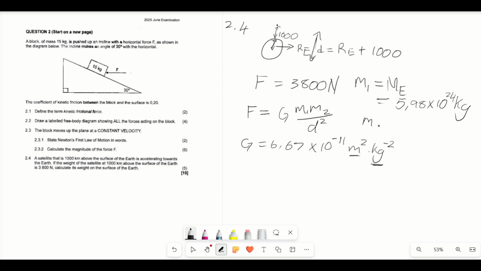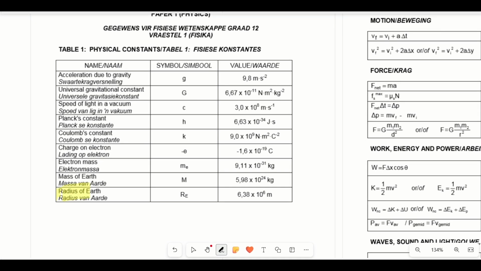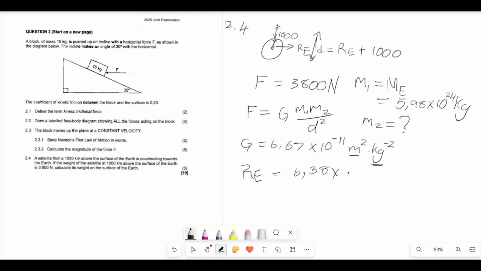And M2 will be the value we're looking for, which is the mass of the satellite. And our distance we've labeled up here RE plus 1,000. So what we should be concerned with is what is RE, which is the radius of the earth, given to us in our constants as 6,38 times 10 to the 6 meters.